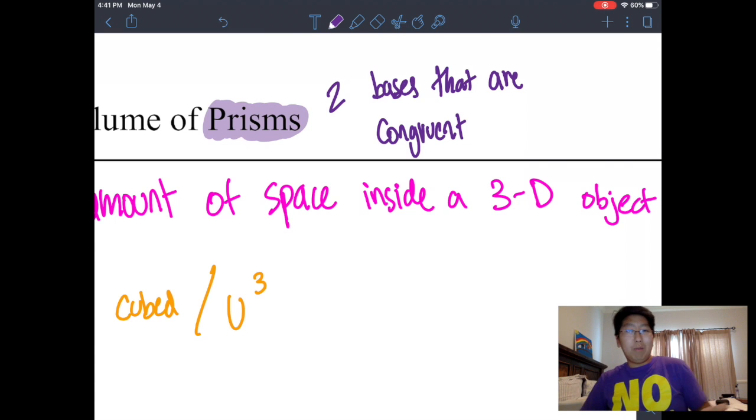I'm going to grab a couple of objects right next to me and ask if the bases of the shape are congruent. Congruent is a word we use for same shape and same size.